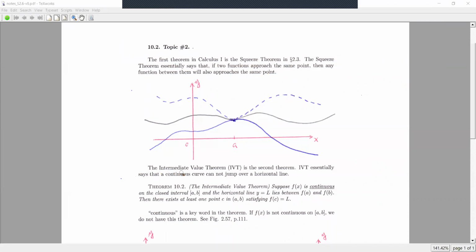The intermediate value theorem, IVT, in this section is the second theorem in calculus 1. IVT essentially says that a continuous curve cannot jump over a horizontal line.